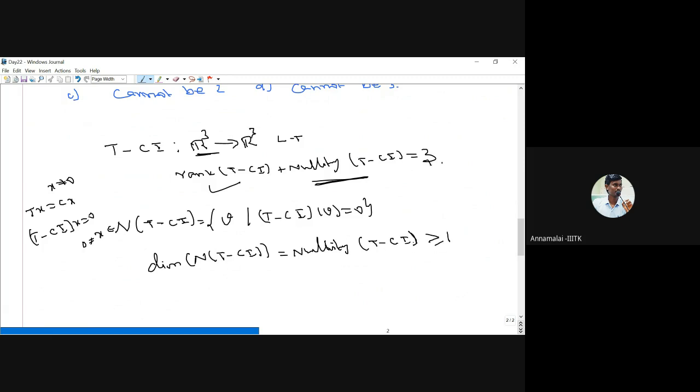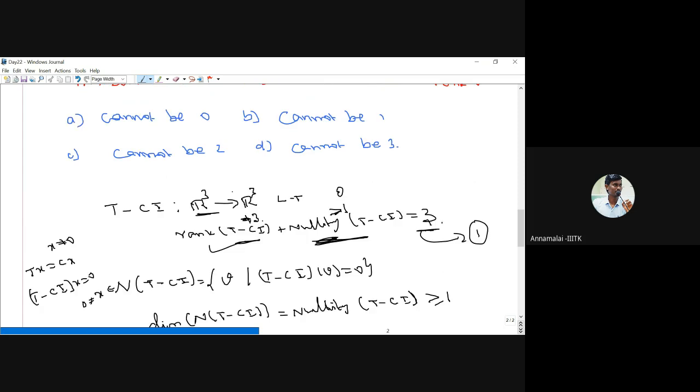We don't know if this is exactly 1, but at least 1, cannot be 0. Therefore, by the rank nullity theorem, call this equation number 1, this number is at least 1. Therefore the rank cannot be equal to 3. If it were 3, the nullity would have to be 0, because the sum is 3. Since the nullity is at least 1, the rank should be less than or equal to 2. Therefore it cannot be 3.